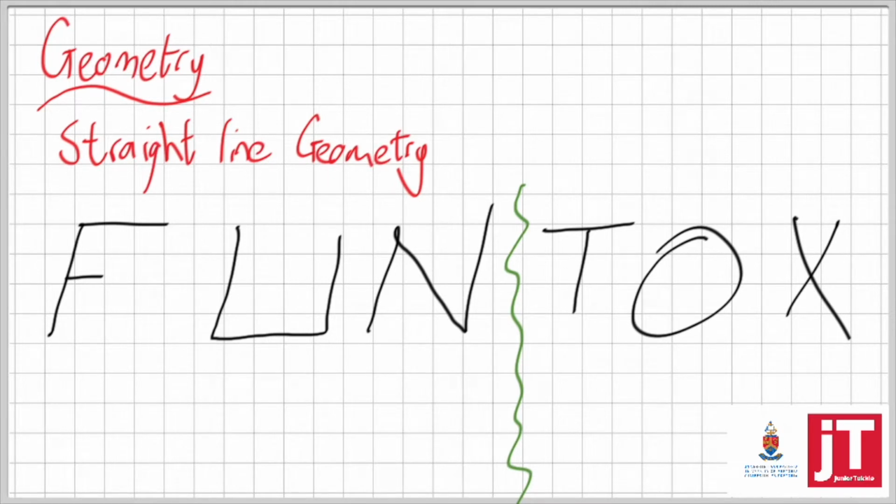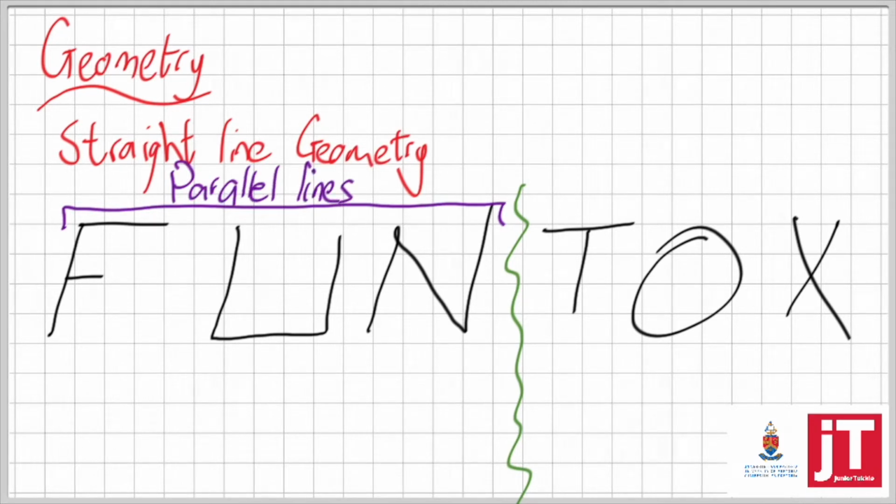Now, the fun part of it is specifically got to do with parallel lines, F-U-N, because maths is fun and geometry is fun. But the fun part, the F, the U, the N, specifically work only with parallel lines, and this is crucial for all geometry you are going to do from grade 8 through to matric.